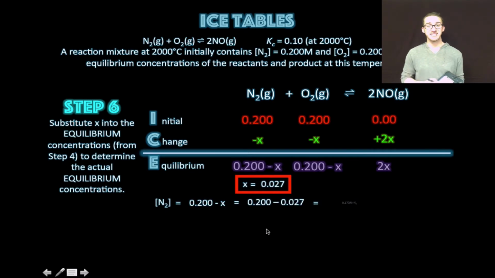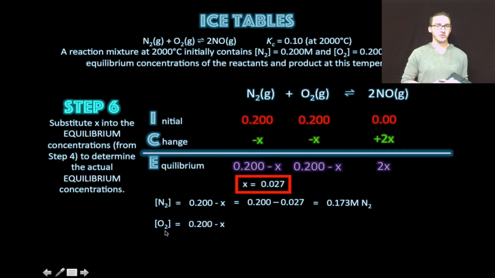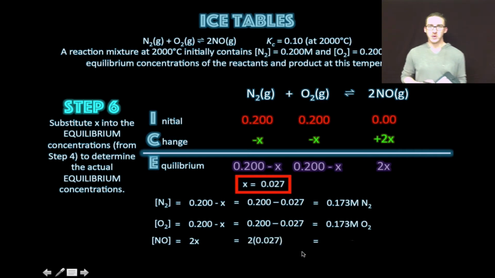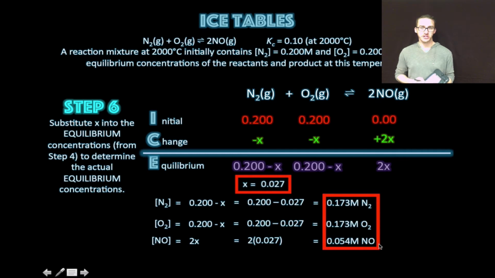A quick jump to the calculator tells you that at equilibrium, the concentration of N2 is 0.173 molar. That is also true for our concentration of oxygen at equilibrium. Boom! 0.173 molar. For NO gas, recognize that we defined it as 2x, and that x is that 0.027. So at equilibrium, the concentration of NO is 0.054.